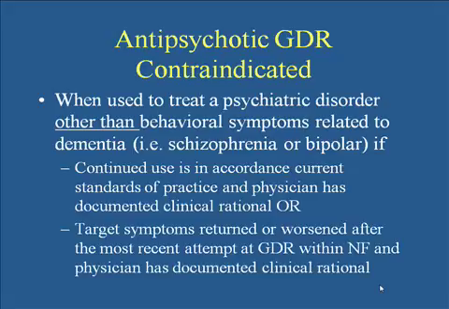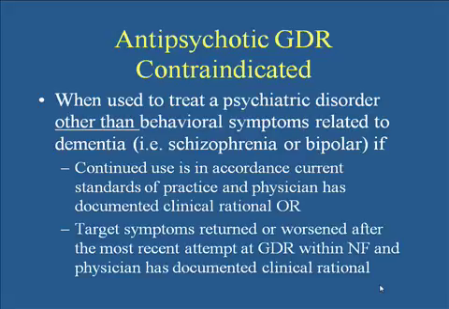We also need to remember those 2 broad categories of use of antipsychotics. There's the true, what we call psychiatric disorders, things such as schizophrenia, bipolar disorder, mania, any kind of hallucination, associated psychosis. When these agents are used for those conditions, as long as that use is in accordance with current standards of practice, or again, the target symptoms have recurred or become worse, then we really don't have to worry about the gradual dosing reduction.